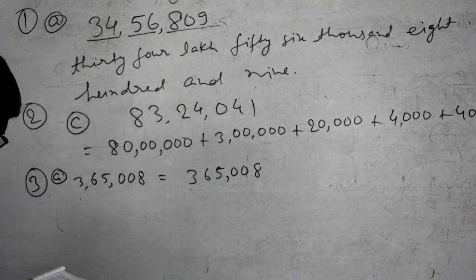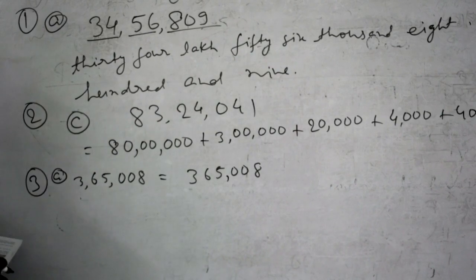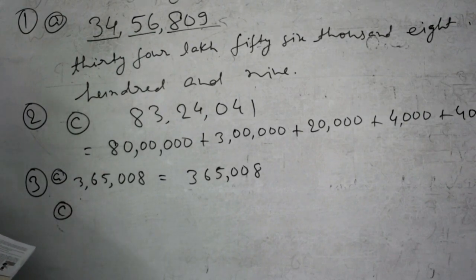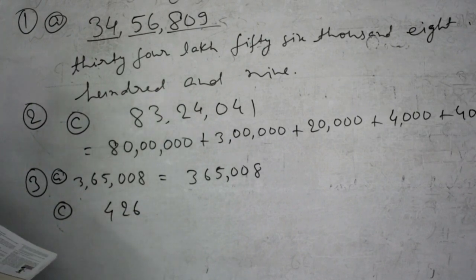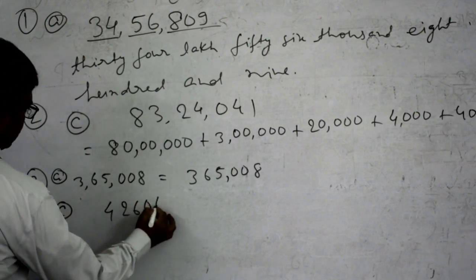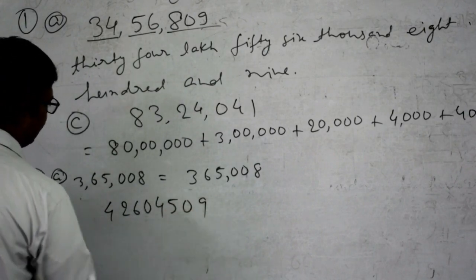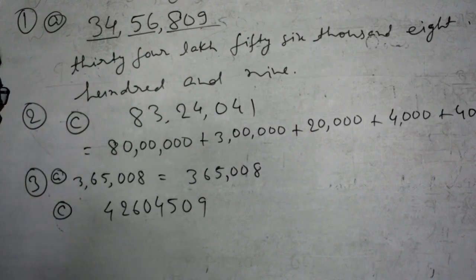Similarly, another larger number, like C, 42604509. Now we have to write it in the international system of numeration.